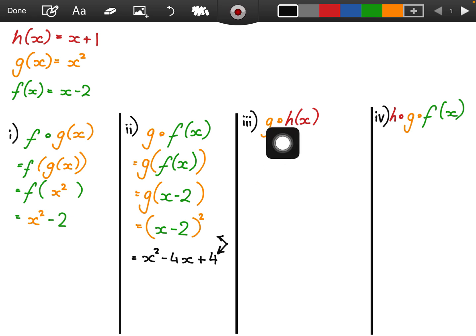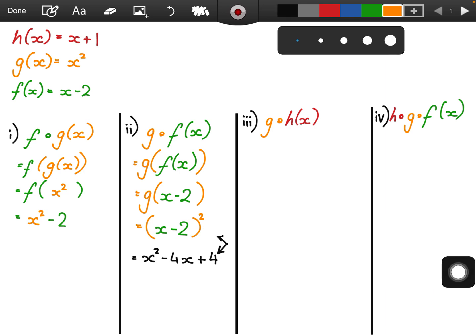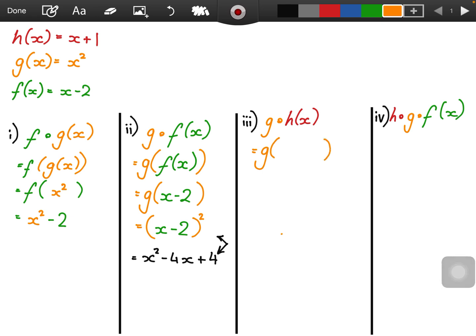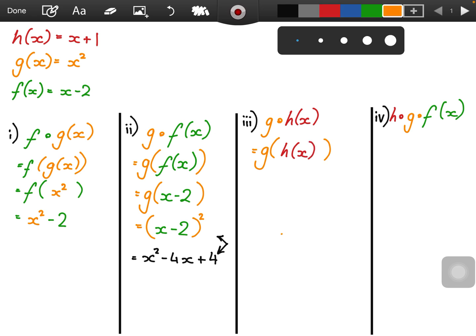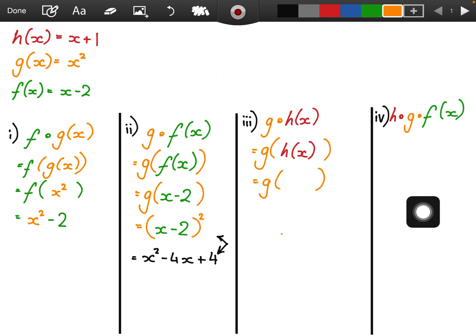Okay, next one, g after h of x. So maybe pause now and try this one yourself. Again, it is the function g, and your input is going to be whatever the output from h of x is. So that is what h of x is equal to here, so x plus 1.